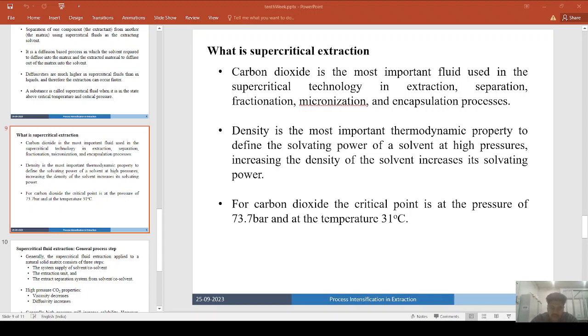Carbon dioxide is applied to obtain extract concentrate with bioactive compounds for food, pharmaceutical and cosmetic application.